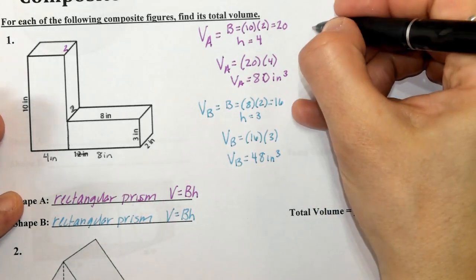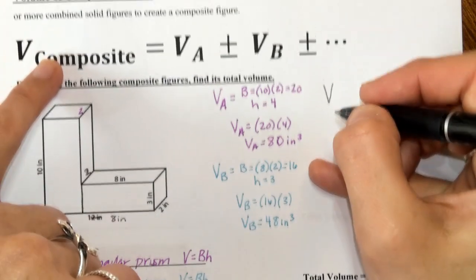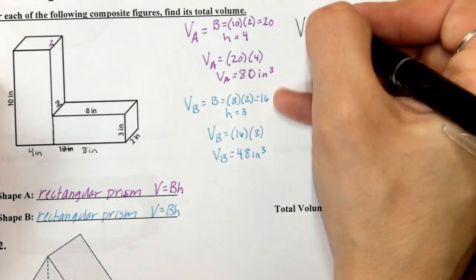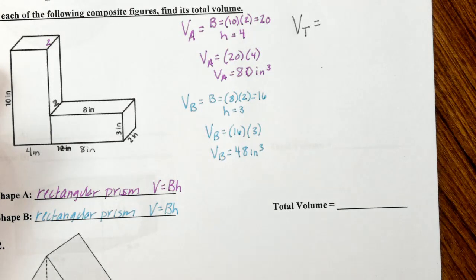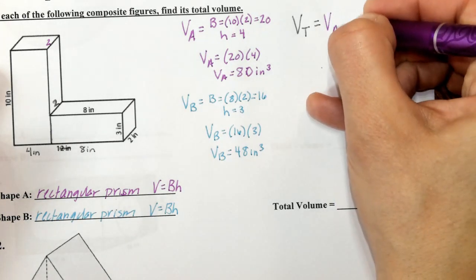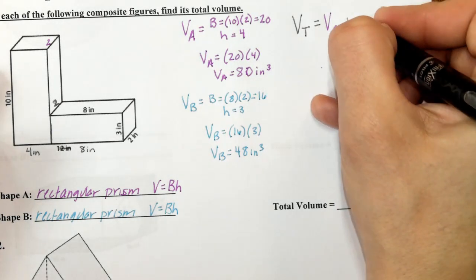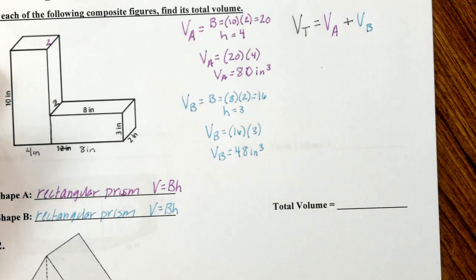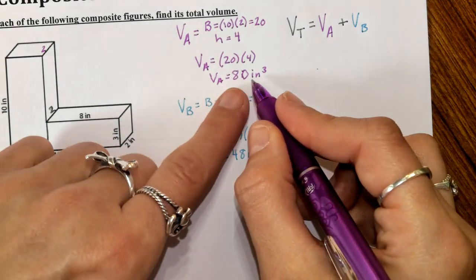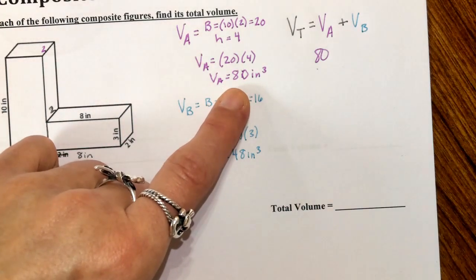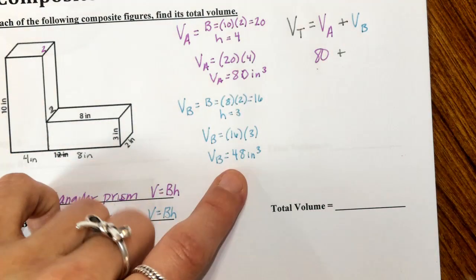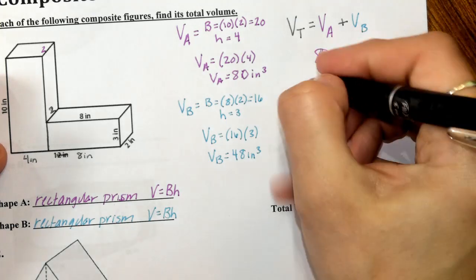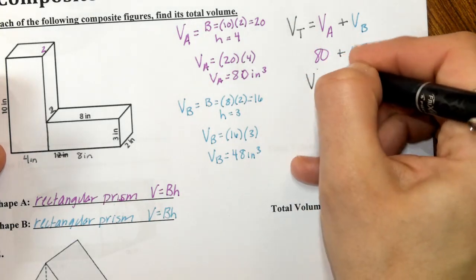With this one, we are combining the 2 of them together. So over here, you're going to see me write V, and I know it says composite up here, but I always write the volume in my subscript. I always put T as total. So the total volume is going to be the volume of shape A, since we're combining them, plus the volume of shape B. So here, volume of shape A was 80, plus shape B was 48, making our total volume 128.